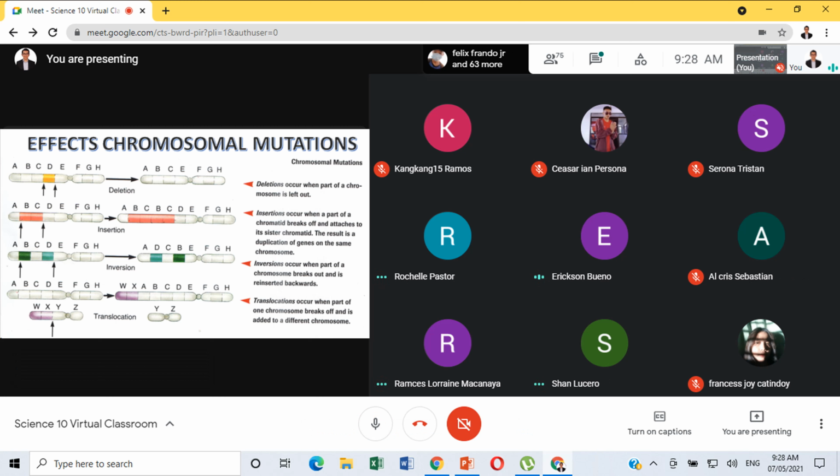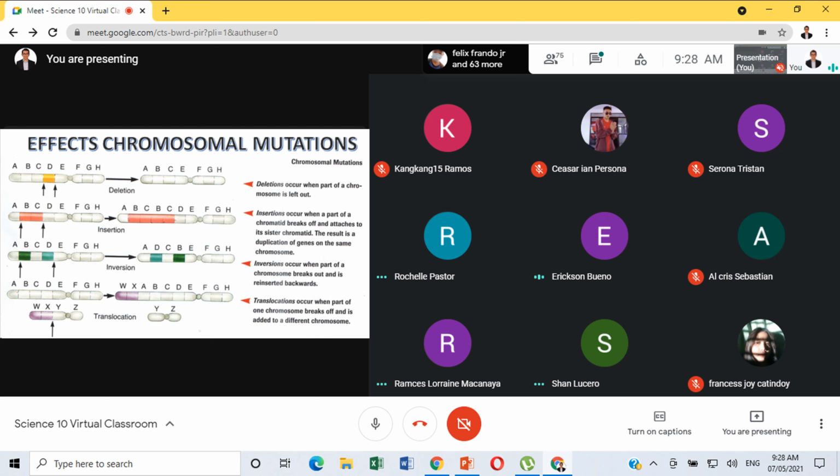So the most important of these mutations are deletions, insertions, inversions, and translocations. Okay, so let's try to explain them one by one. What is deletion? Deletions occur when part of a chromosome is left out. Okay?